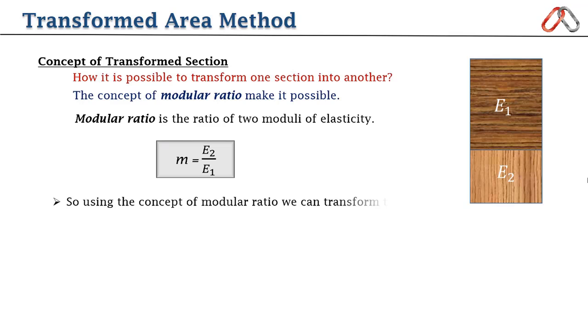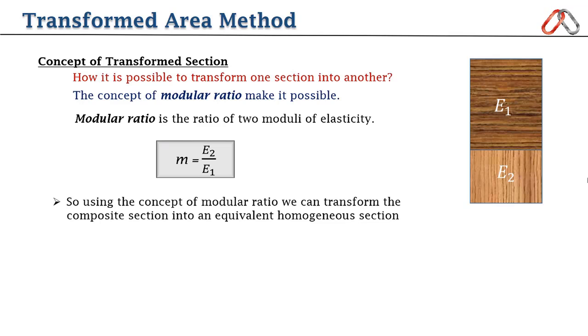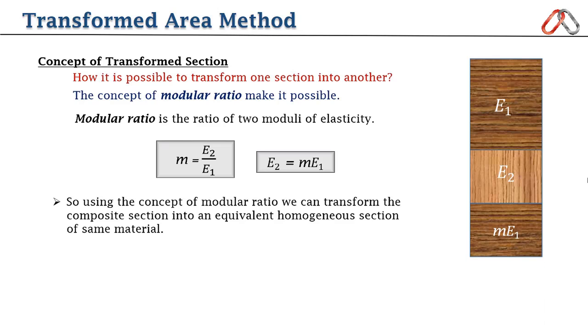So using the concept of modular ratio, we can transform the composite section into equivalent homogeneous section of same material. Suppose we want to transform material 2 into 1. Then E2 is equal to mE1. We can replace this area of E2 with mE1.